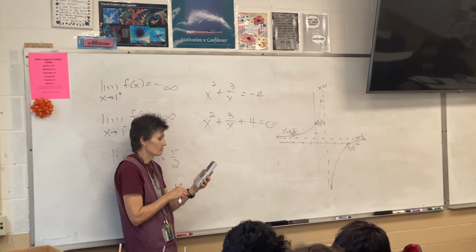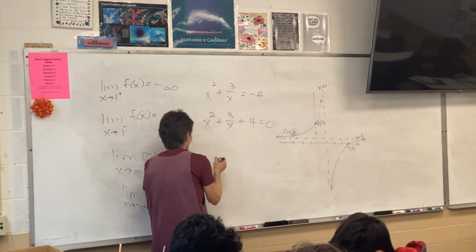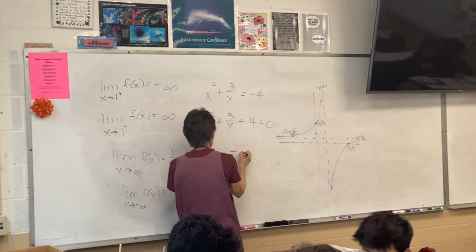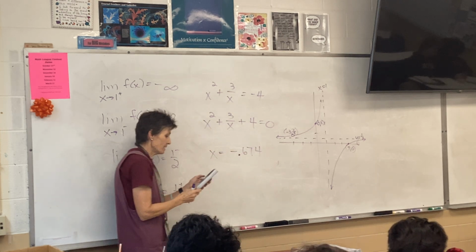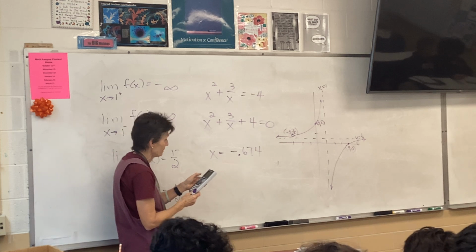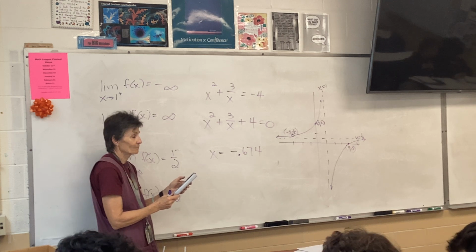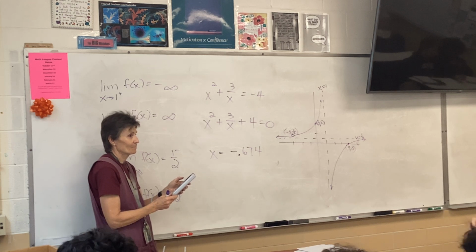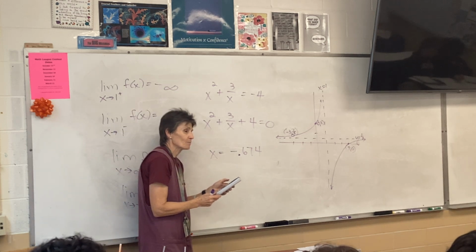I got negative 1.8, 0.67. There we go. I got negative 0.674. Now, let me check my equation and make sure I put it in. Oh, I forgot to put a plus sign. Yeah, 1.3 as well. Plus 4.